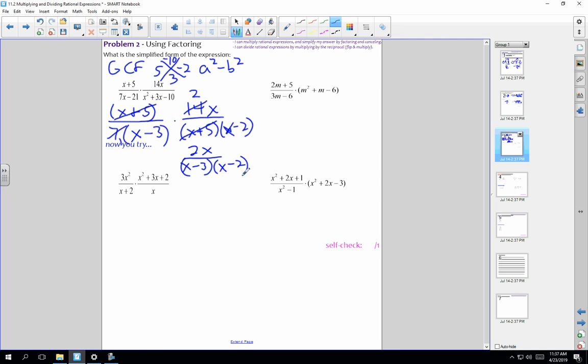Second one, 2m plus 5 just stays 2m plus 5. On the bottom of that first fraction, I can pull out a 3, leaving me a factor of m minus 2. M squared plus m minus 6, I'm looking for factors of negative 6 that add to equal 1. 3 and negative 2.